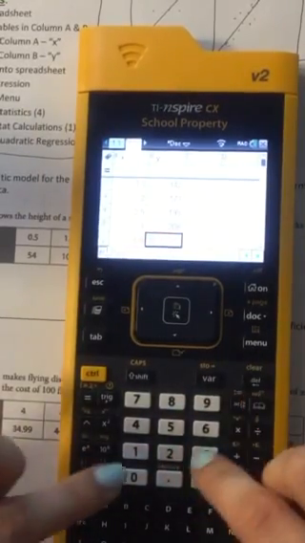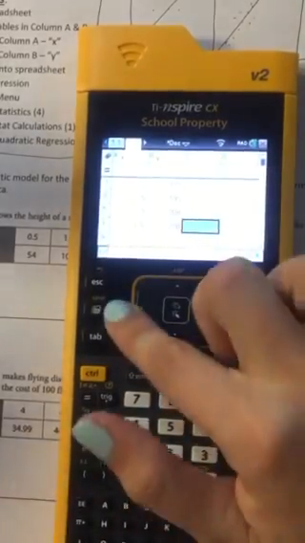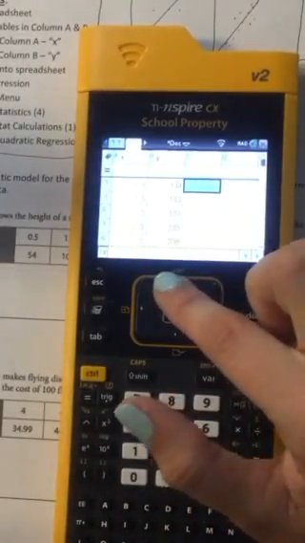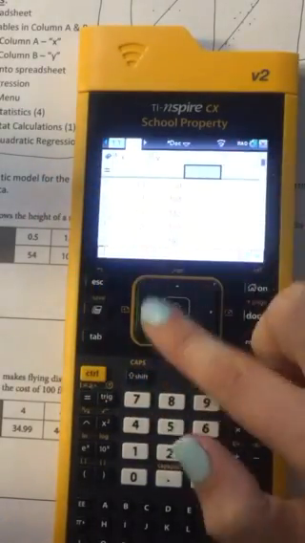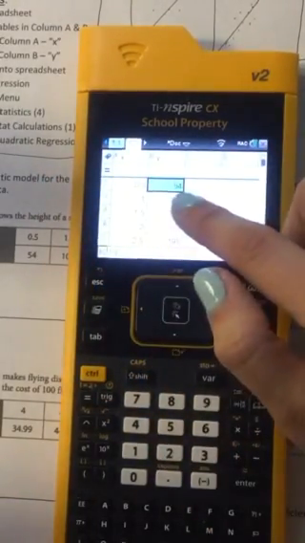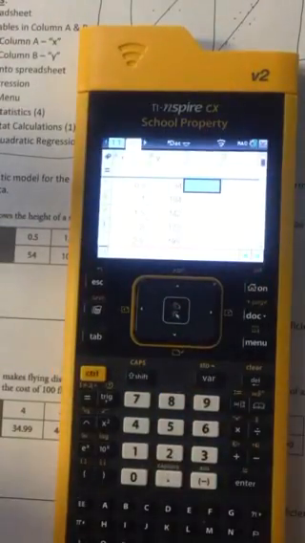Oops, that is not 216, it's 216. It's really important that you make sure everything's lined up. Also, remember, I told you, your blue highlight cannot be up here in the gray. It also cannot be outlining any of your numbers. So you want your blue highlight to be away from everything.